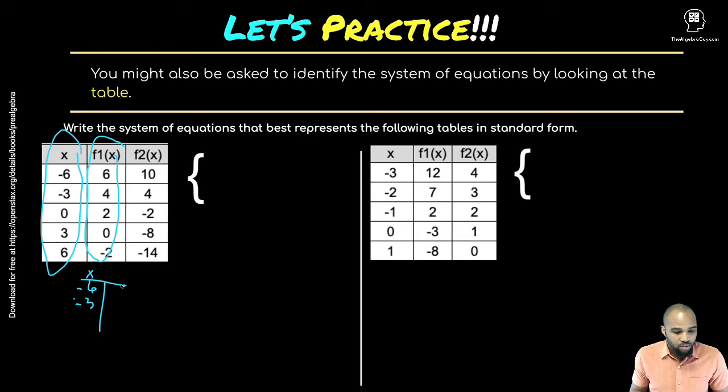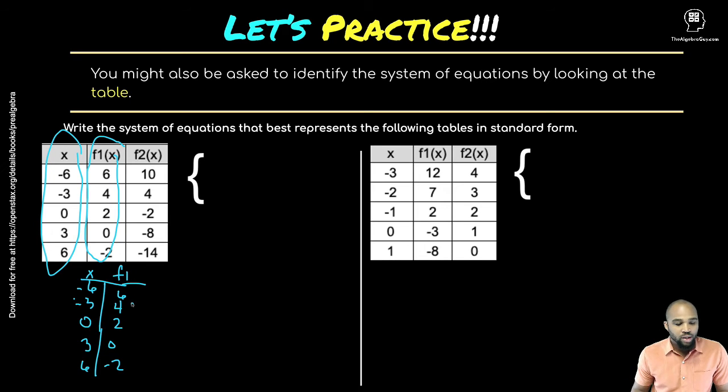Let's put my X here, and we'll put Y1, I'll keep the same letter. So we'll do F1. -6, 6, 0, 2, -3, 4. Sorry about skipping that. 3, 0, 6, -2. Now I don't need all of these. I just need two of them, because I know that's a line.